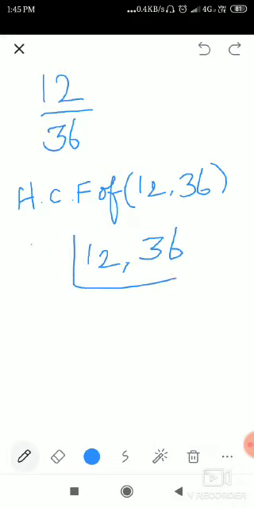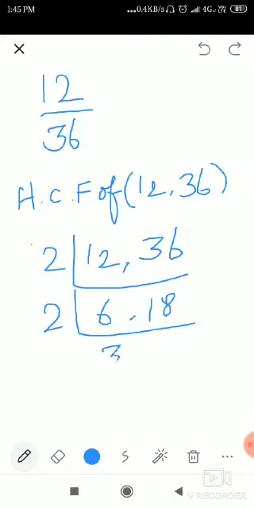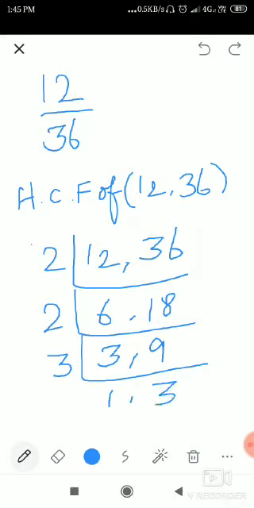Go with the smallest number, that is 2. 12 divided by 2 is 6, 2 sixes are 12. 36 divided by 2: 2 threes are 6, 2 eights are 16, so it is 18. Then we can divide by 3: 3 ones are 3, 3 threes are 9.